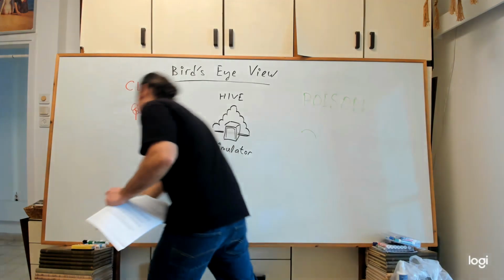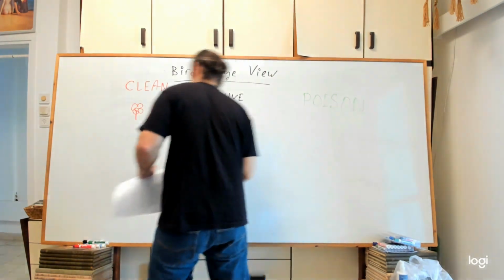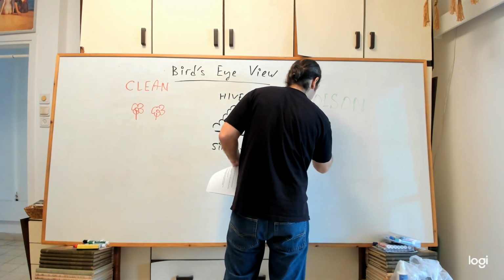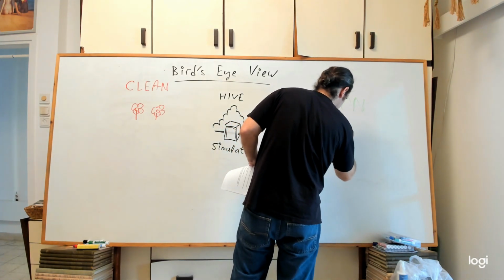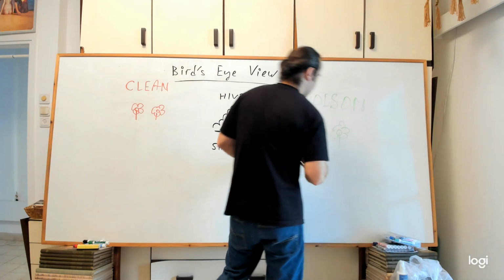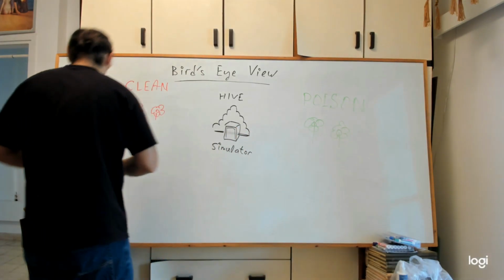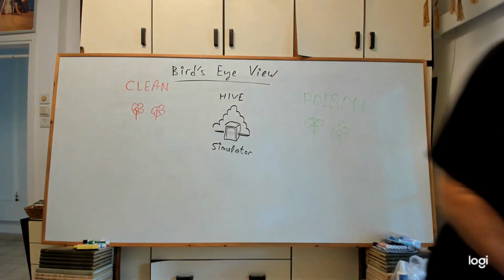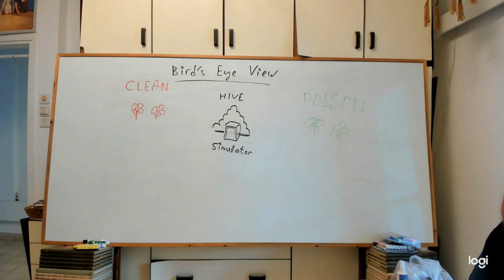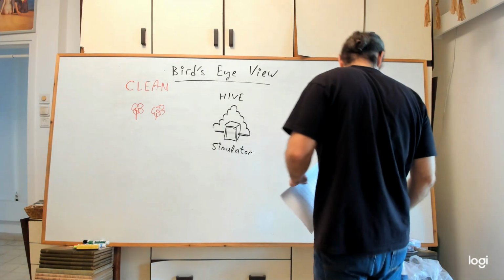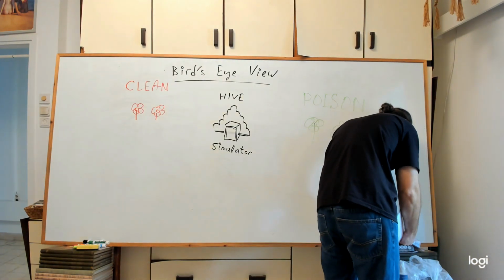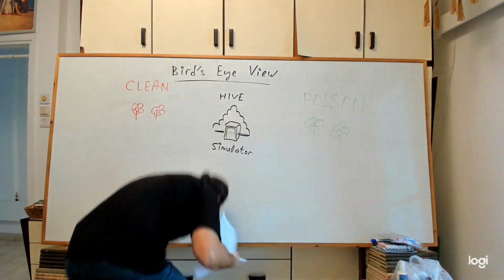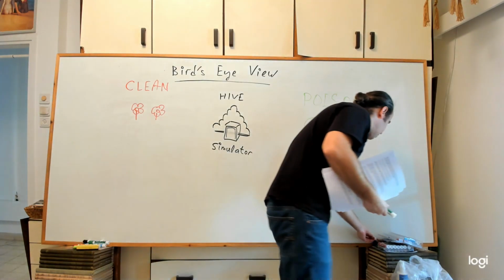Okay, they look the same, so I'm drawing it the same, but we know that they are poison. Now, can you see it? No. So I'll use another color.